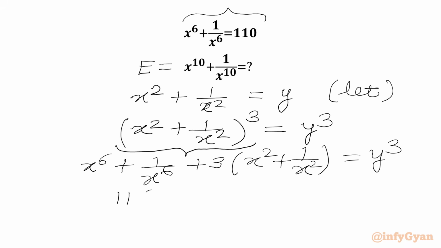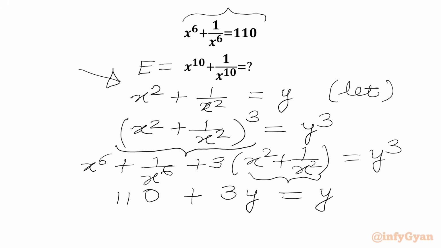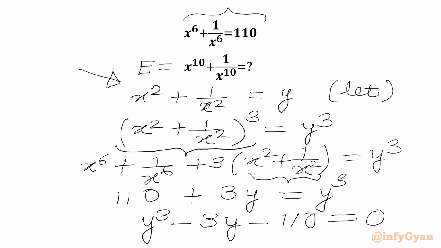So here we can write 110 plus 3 times x square plus 1 over x square, which is our substitution y. So we write 110 plus 3y in the LHS and the RHS is y cube. Or we can write our cubic equation: y cube minus 3y minus 110 equal to 0.